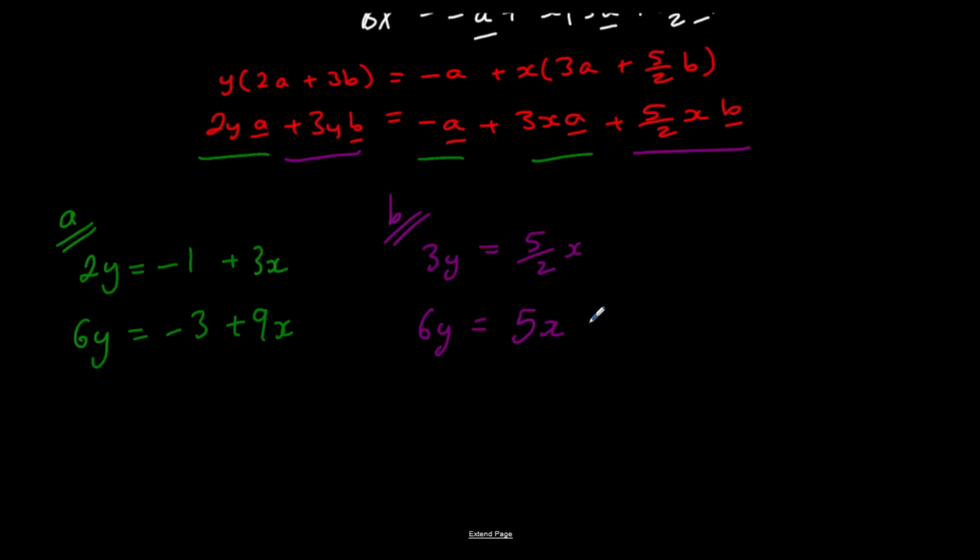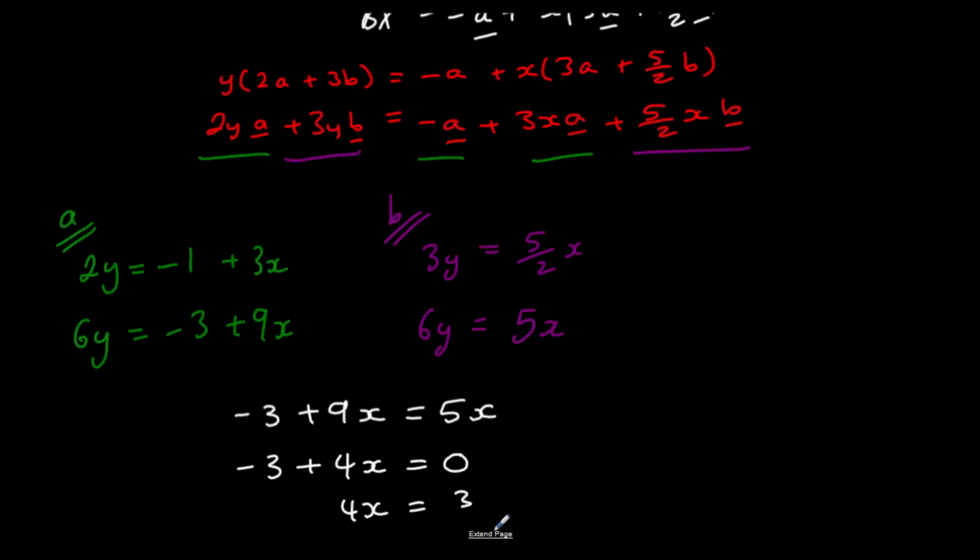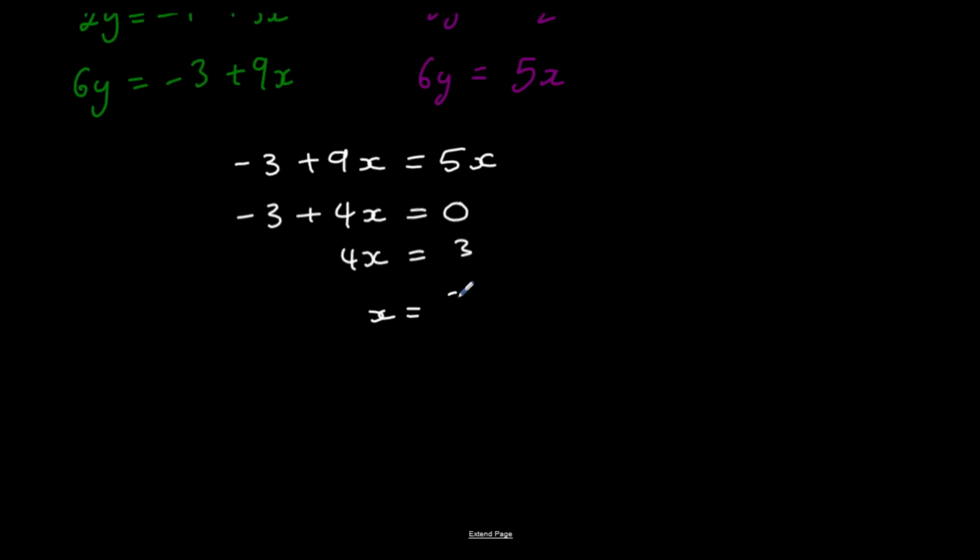So they're both 6y equals, so we can make them equal to each other. Negative 3 plus 9x equals 5x. So let's subtract 5x from both sides. Negative 3 plus 4x equals 0. Add 3 to both sides and divide by 4. So x is 3/4.